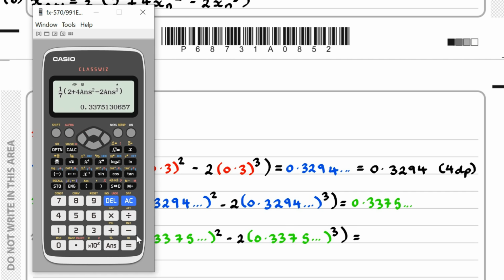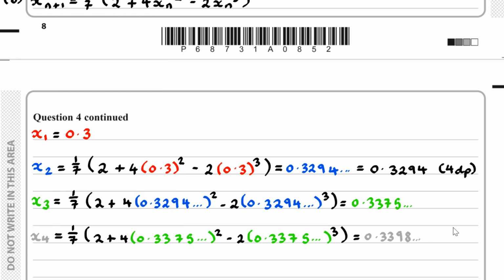So if I press equals again, we end up with x4 equaling 0.3398 etc., which, given to 4 decimal places, we've got 0.3398 given to 4 decimal places.